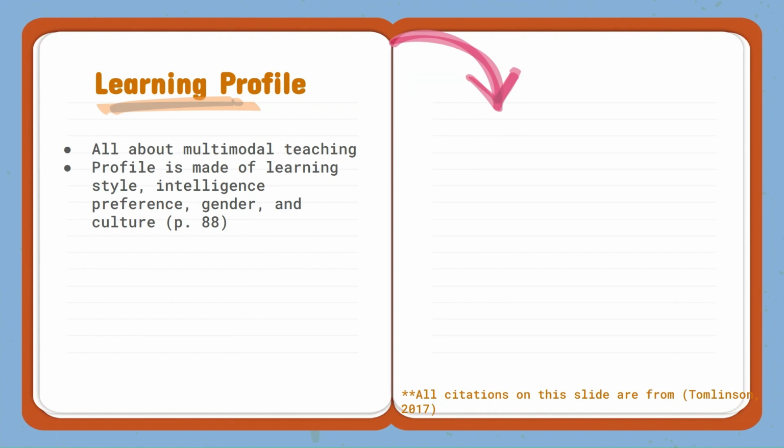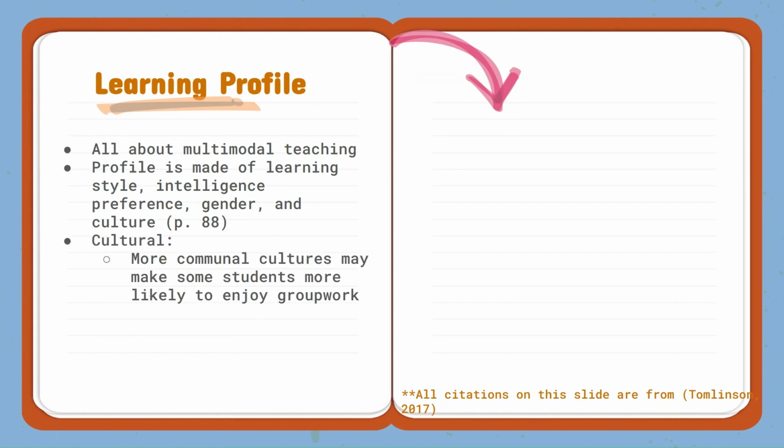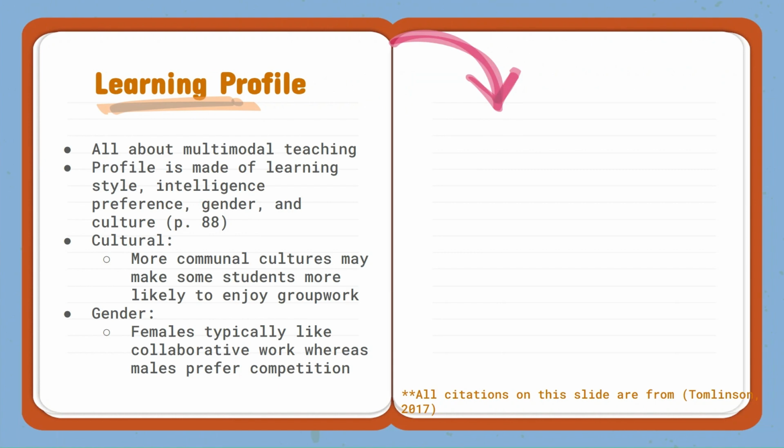Gender and culture. Culturally, there are some more communal cultures, so students from those communal cultures may enjoy group work more. And for gender, the book talks about how females typically like collaborative work, whereas males prefer competition.